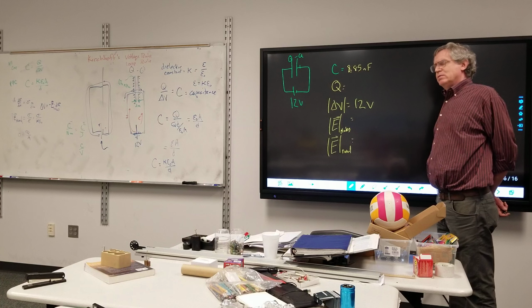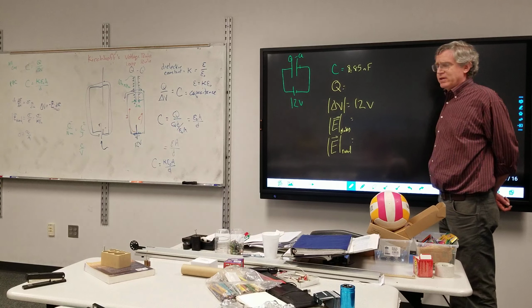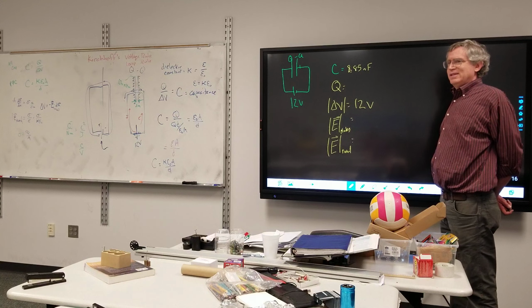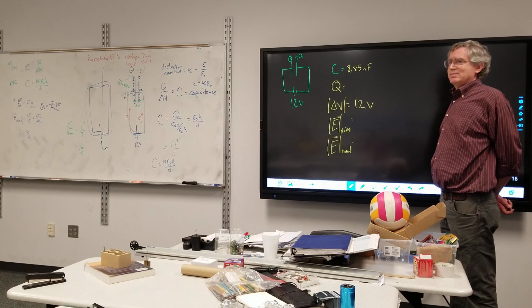Let's work on the language. What are you multiplying the charge by? Oh, sorry, you're multiplying the capacitance by what? You would have done it correctly, it's just that the wording was off. It's not change in voltage.